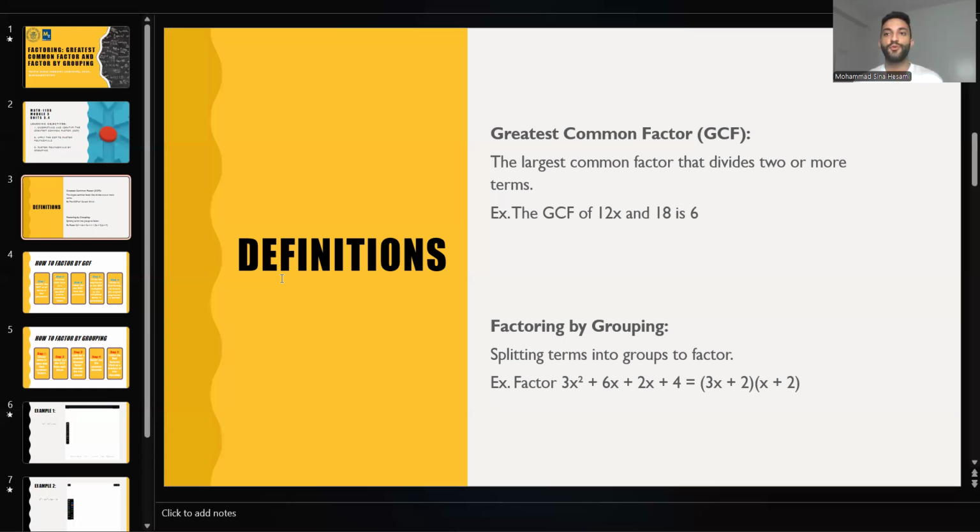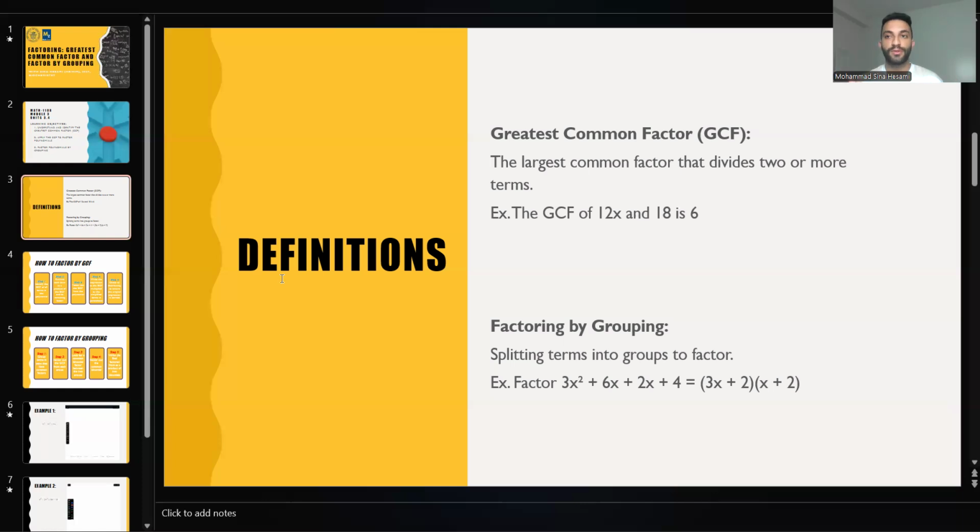But notice that 2 is not the greatest common factor. It's just a normal factor. As is obvious from the name, in the greatest common factor we're looking for the highest common factor.